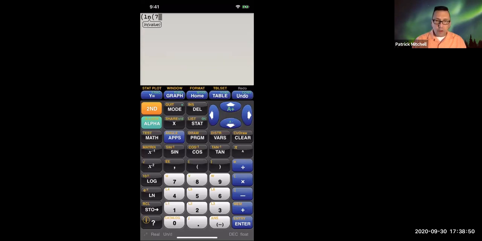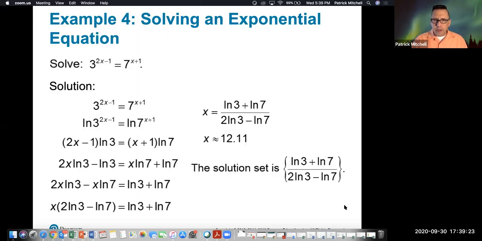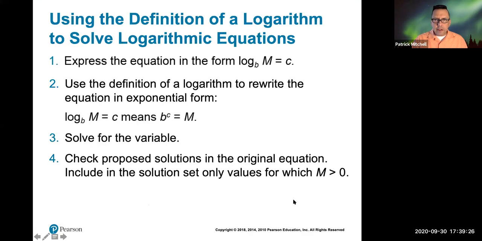Natural log 7, and then close that one off, plus natural log 3, close off the whole thing, divide by 2 natural log 3, close that one off, minus natural log 7, close off the whole thing. 12.11439, and so on, which to 2 decimal places is, in fact, 12.11. Okay? All right, moving on to the next example.